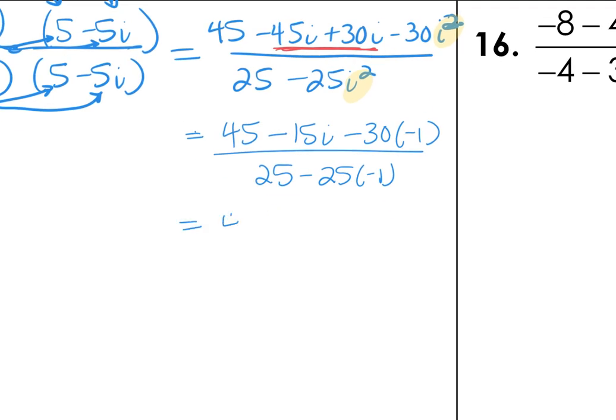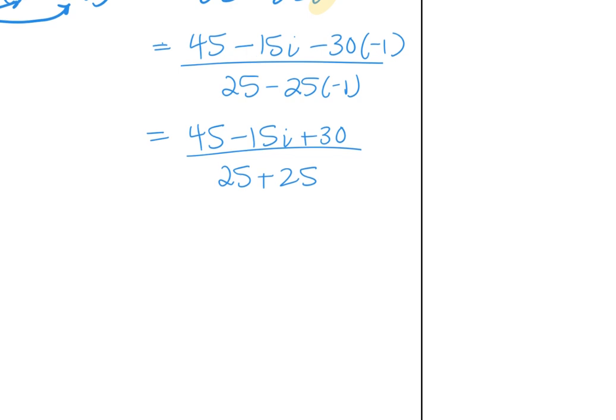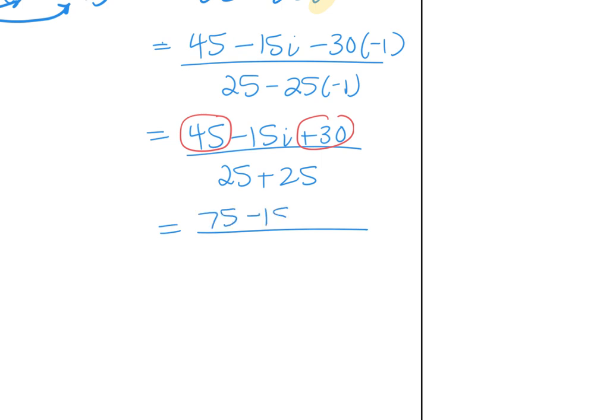And I'm just going to begin this process of multiplying my negative 30 times negative 1 to get positive 30, negative 25 times negative 1 to get positive 25. Combining like terms in the numerator, 45 and 30 is 75. In the denominator, 25 and 25 is 50.